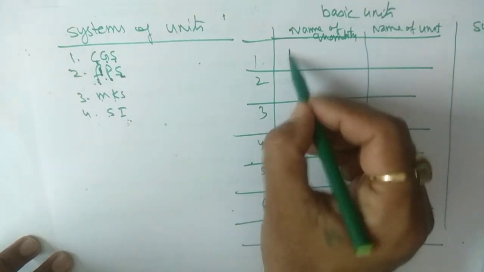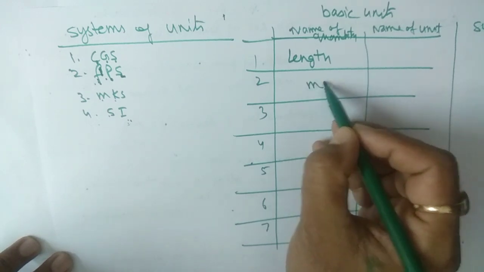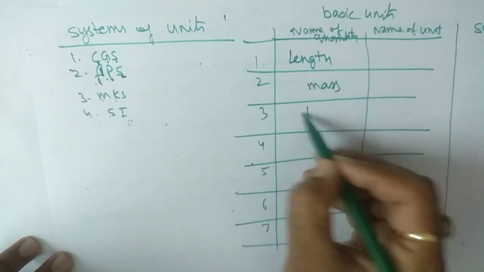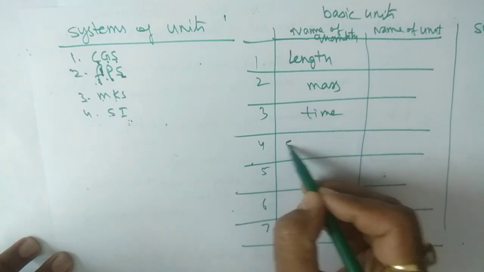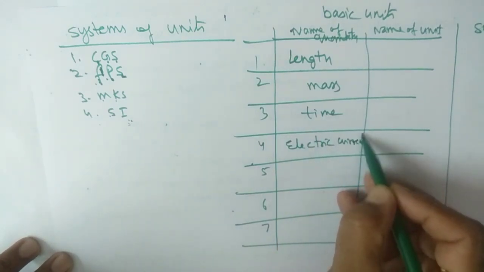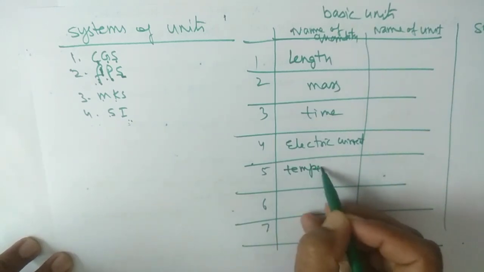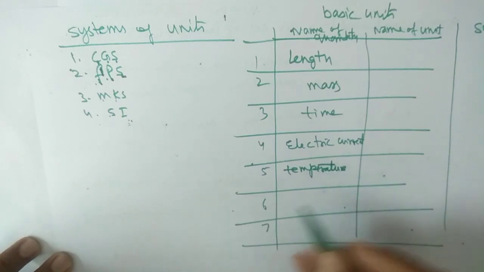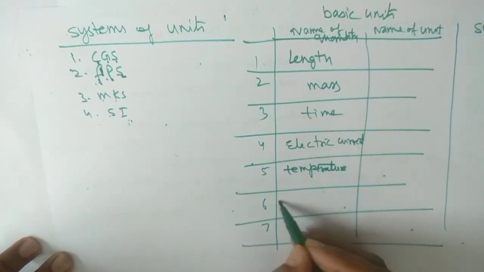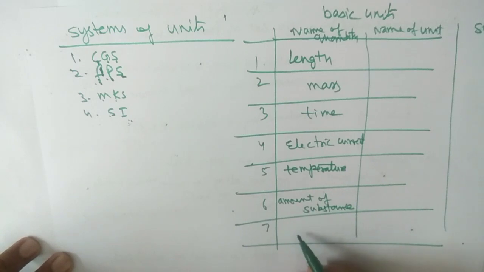First is length, second is mass, third is time, fourth is electric current, the next is temperature, the sixth is amount of substance, and the seventh is luminous intensity.